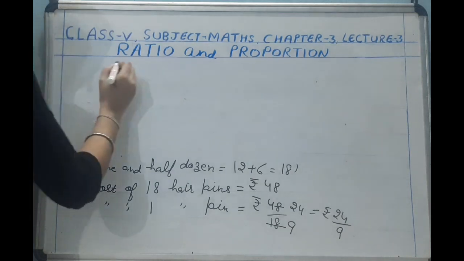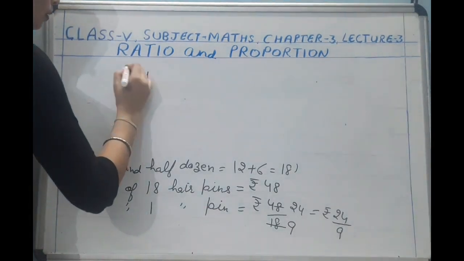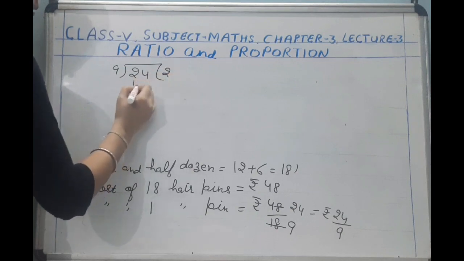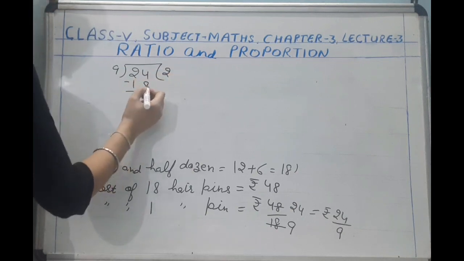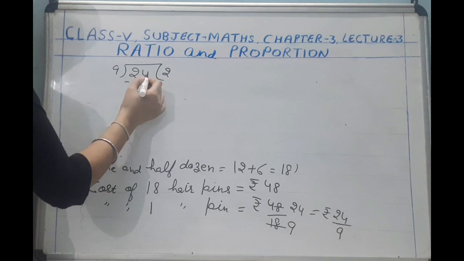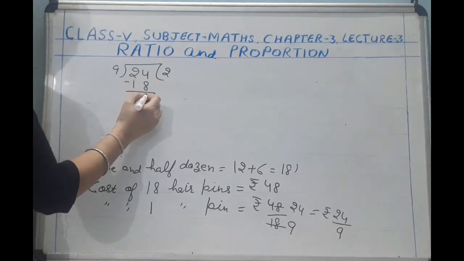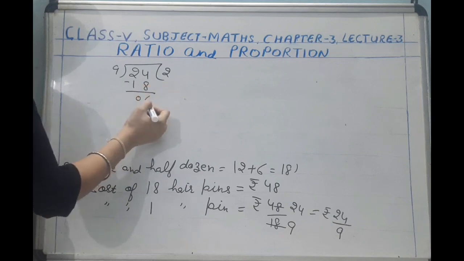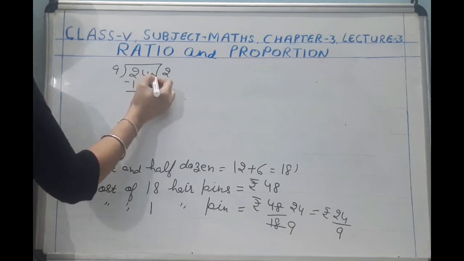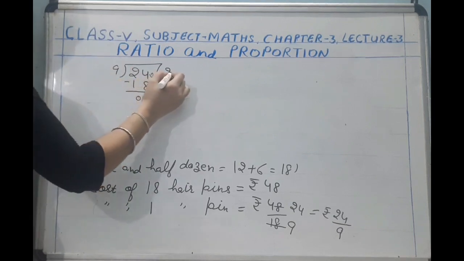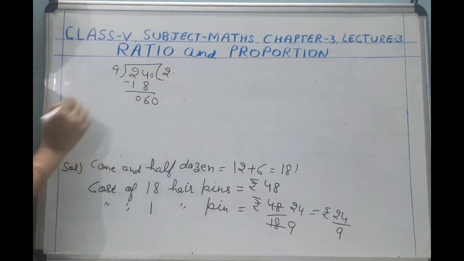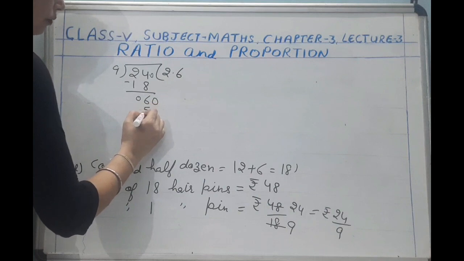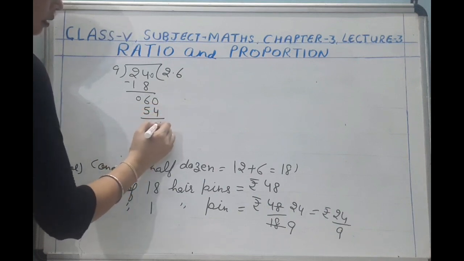So now we will divide 24 with 9. 9 2s are 18. Subtract this. 24 minus 18, 6. Now 6 remainder. So put 0 and decimal here. Right? 9 6s are 54. Again 6.